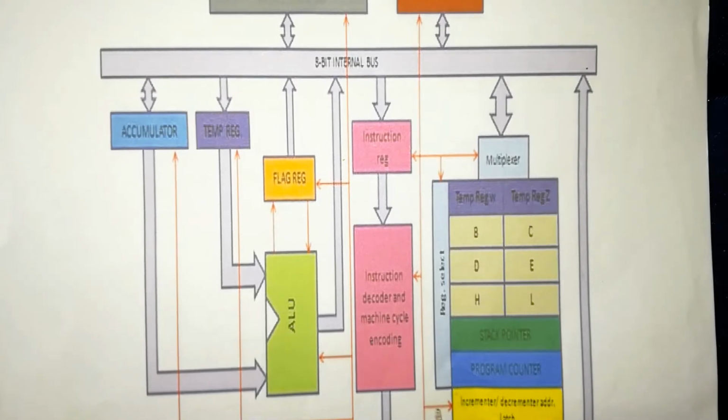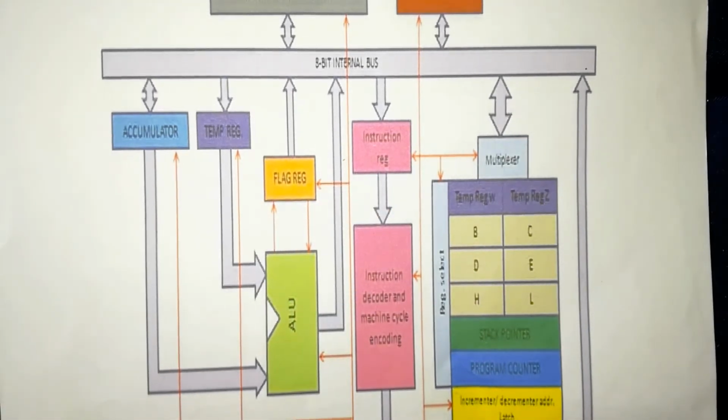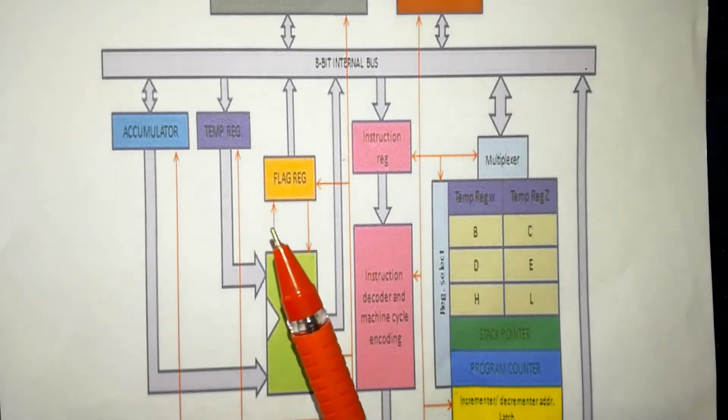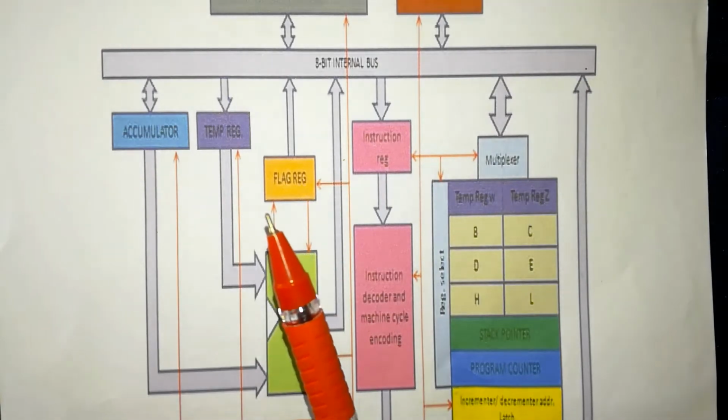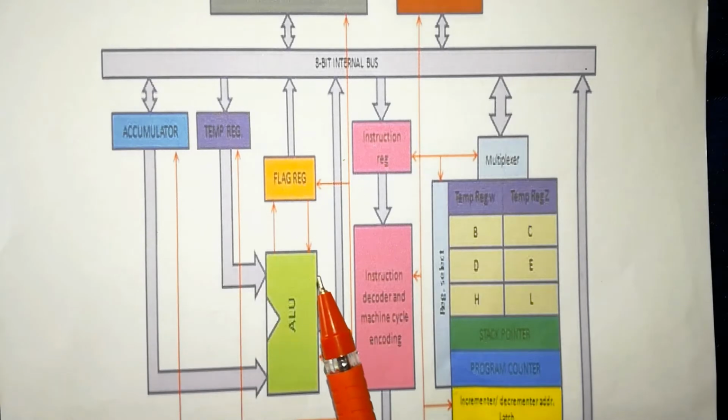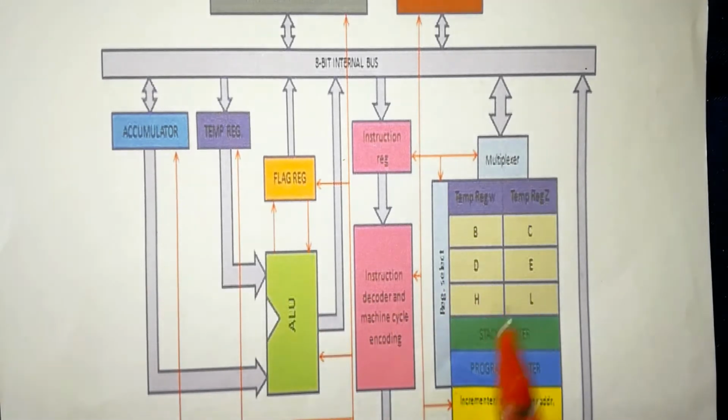The next is registers. There are mainly two types of registers. One is 8-bit general purpose register and another is 16-bit special purpose register.